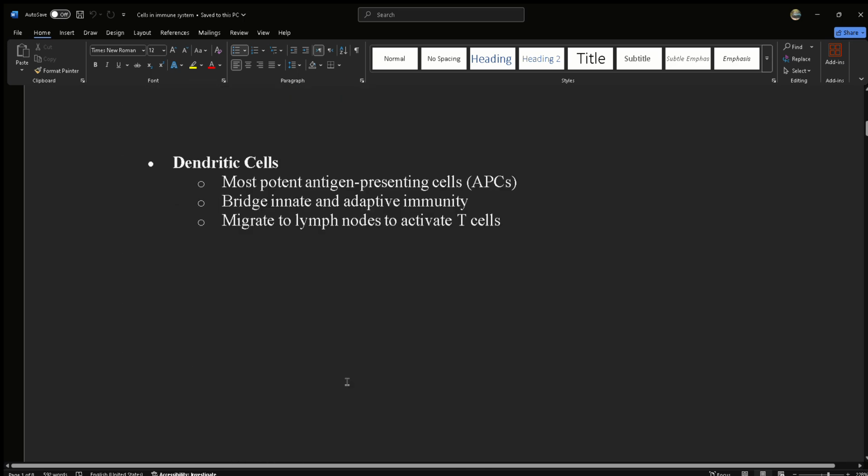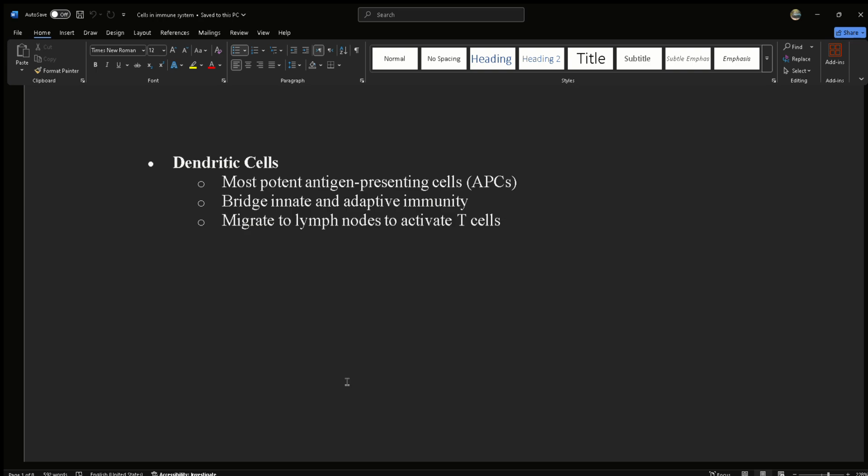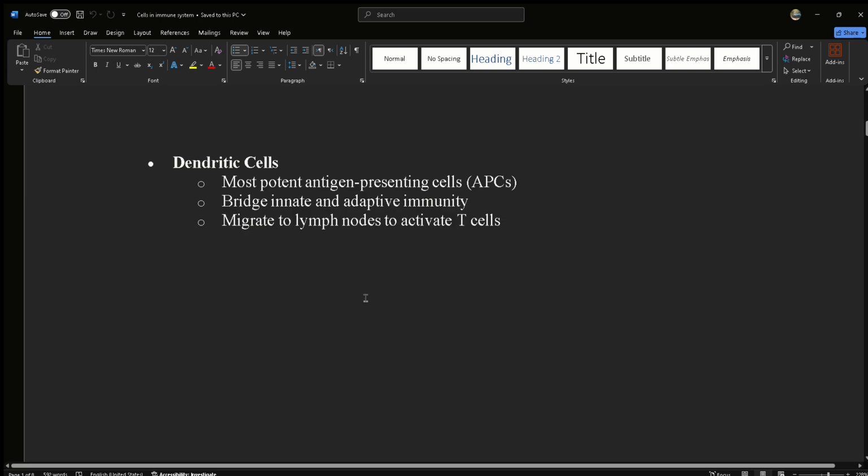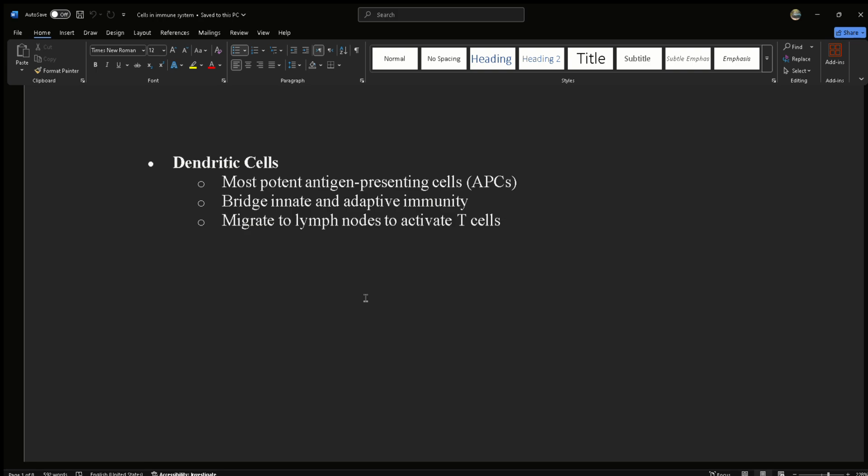Next we come to the second group of cells, that is dendritic cells. Dendritic cells are mostly present in the thymus, and they contribute to T cell selection and the T cell maturation process to educate the T cells, so that our immune system will be able to differentiate between self and non-self, so that it will not react against self proteins and will act against foreign particles or pathogens.